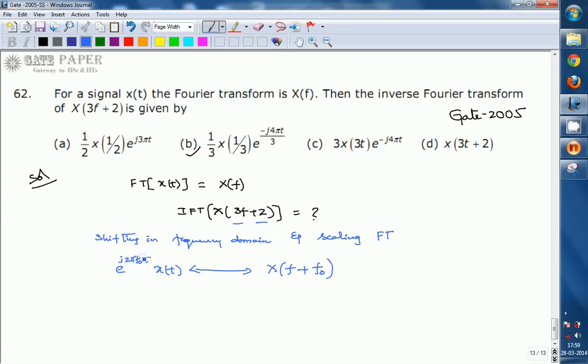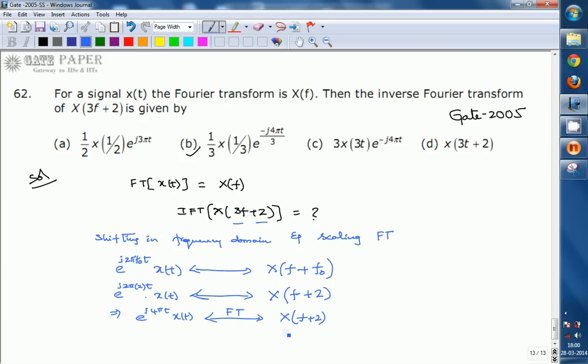Then by applying this for the given one, we need X of f plus 2, that is f naught equals 2 here. We will get x of t multiplied with e power j 2 pi f naught t, which is e power j 4 pi t x of t, whose Fourier transform is X of f plus 2.